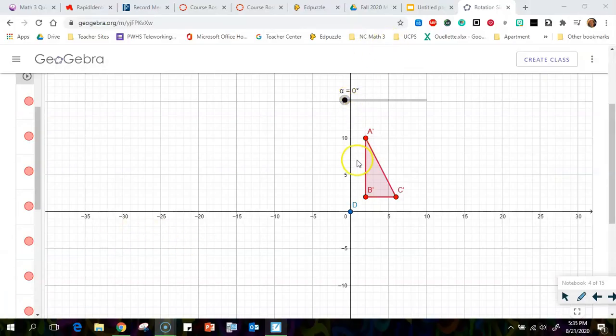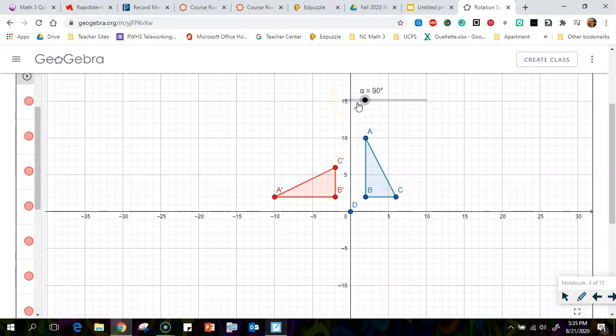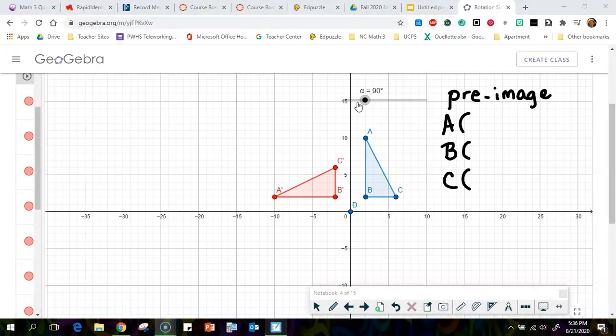I've put a red triangle here that's going to represent the image, and the blue is the pre-image. So let's talk about the points here. If we look at the pre-image, which is the blue, we notice that A is at 2, 10. B is at 2, 2.